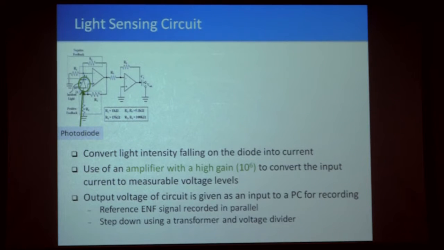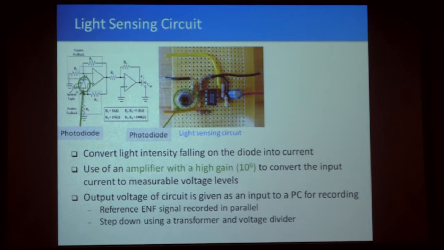Being a person in signal processing, working on algorithms, I don't even have a hardware lab. So we started with buying multimeters and very basic electronic equipment, and we built a circuit. It looks like this. We have a highly sensitive photodiode, about $10, which is not too expensive.